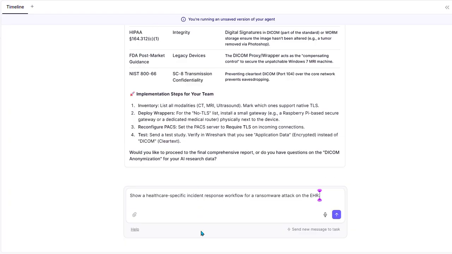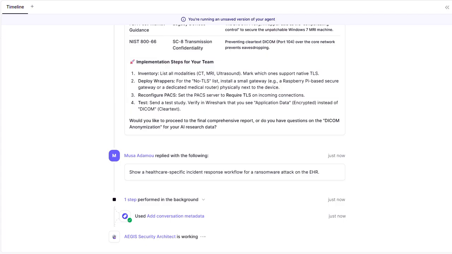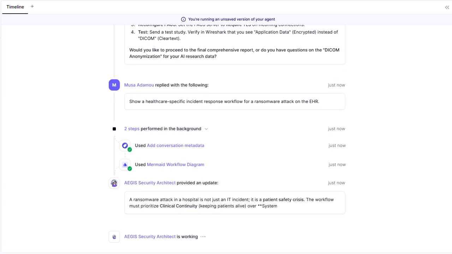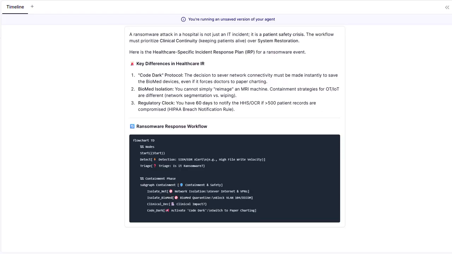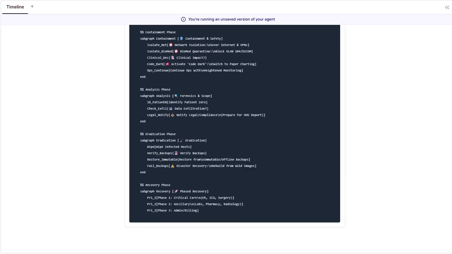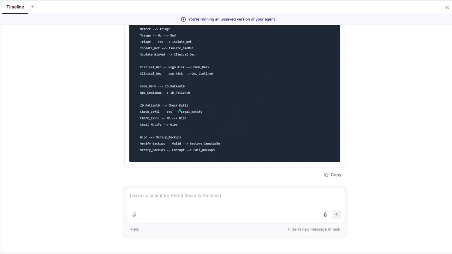Let's proceed. So the next question is, show a healthcare specific incident response workflow for a ransomware attack on ePHI. So it's designing the workflow for us.